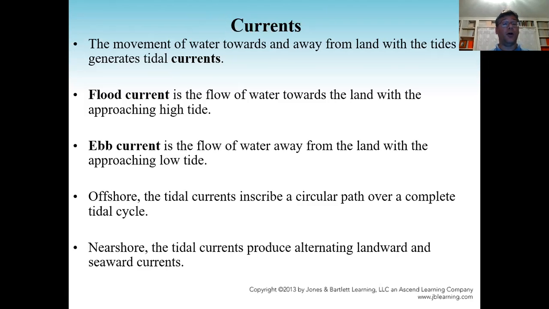These are referred to as flood currents if they're associated with the tide coming in to high, and ebb currents if the tide is going back out to low. So the current in an area that has these will be switching back and forth between the tides, in and out, flood and ebb.